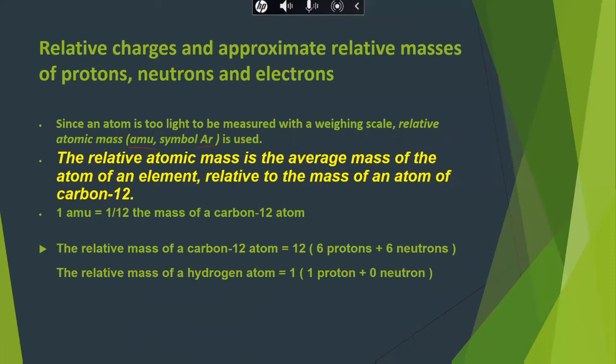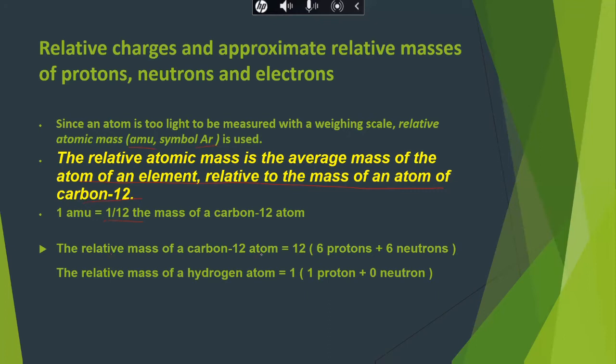Ar means relative atomic mass. What is relative atomic mass? It is the average mass of an atom of an element relative to the mass of an atom of carbon-12. It means 1 AMU is equal to 1/12 the mass of a carbon-12 atom.